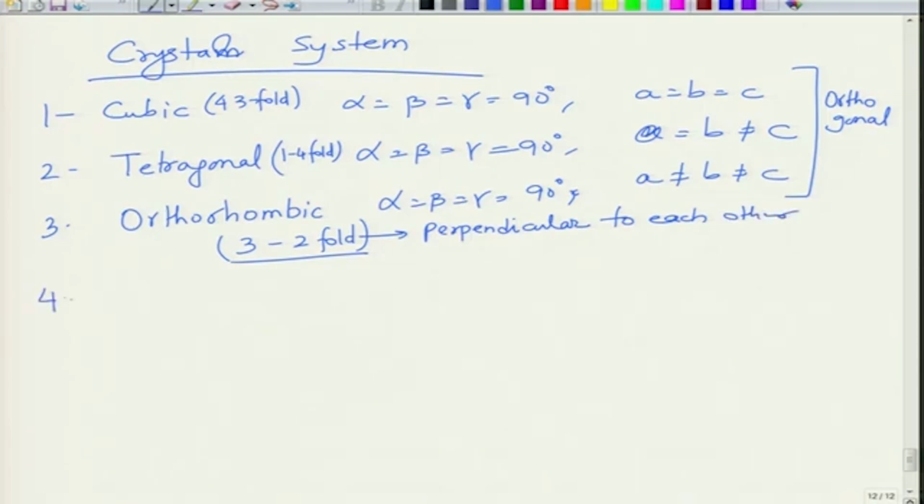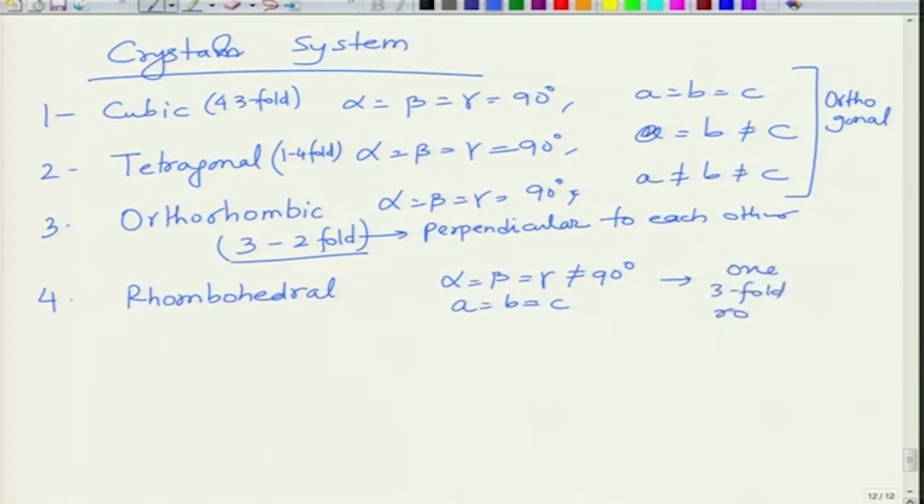And then you have non-orthogonal systems such as rhombohedral, for which alpha is equal to beta is equal to gamma is not equal to 90 degrees, but A is equal to B is equal to C, and this must have 1 3-fold rotation in the system. That is the definition.